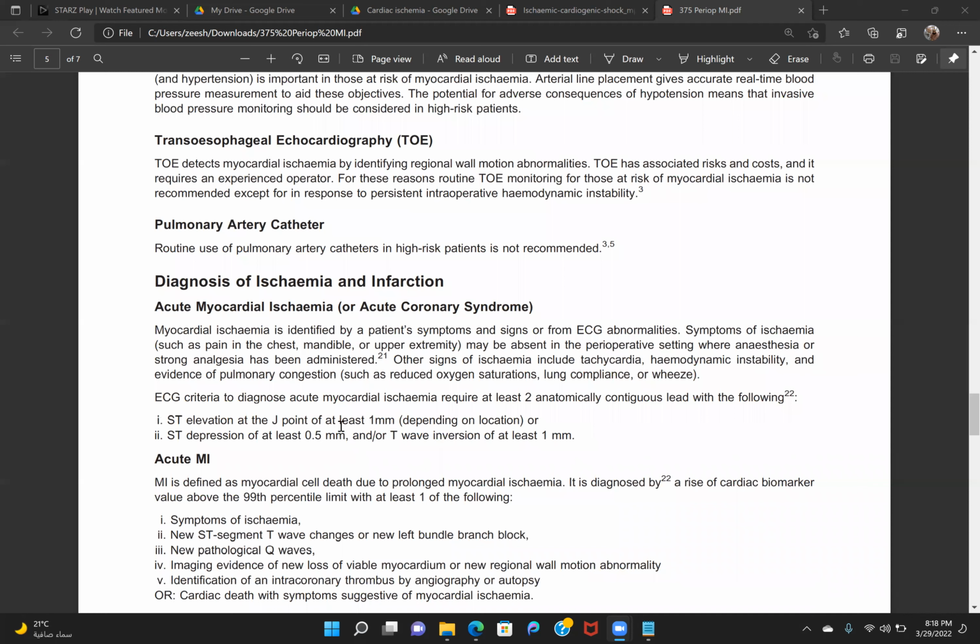If you have the ECG on the monitor, can you say with surety? ST changes will not be accurate, so you cannot comment solely on that. Then we can go for a 12 lead ECG.